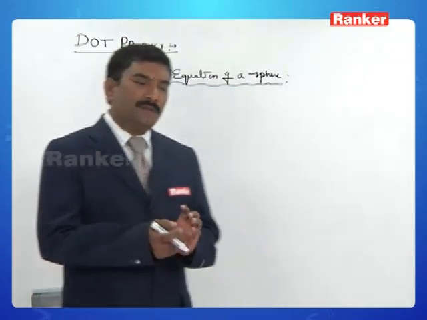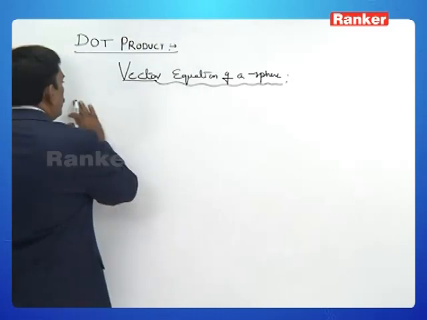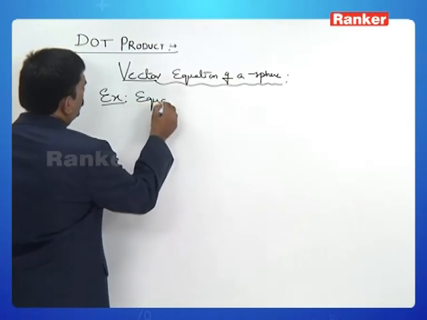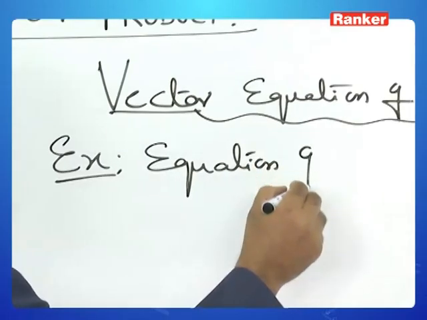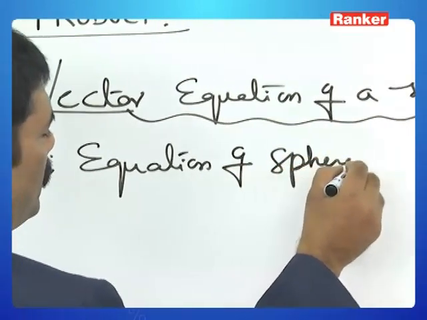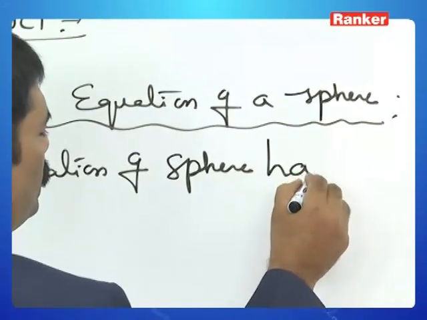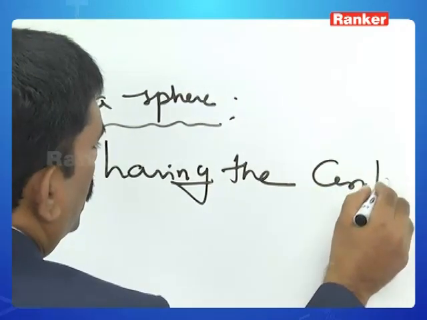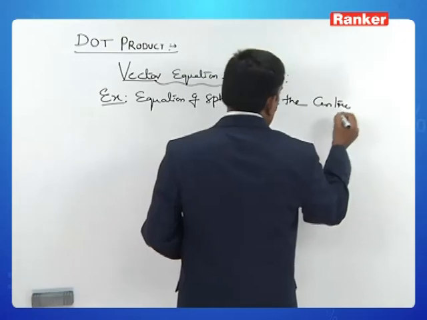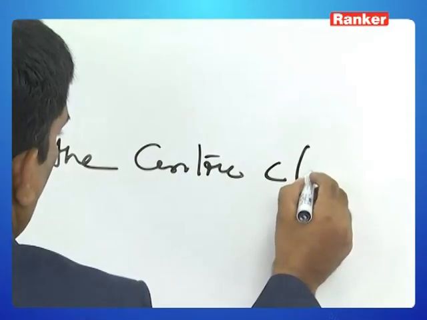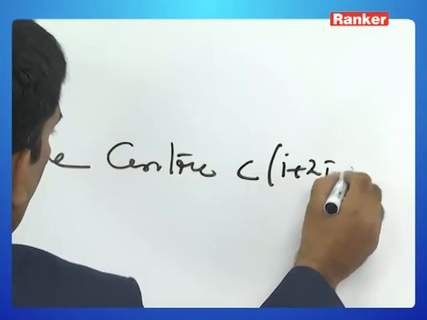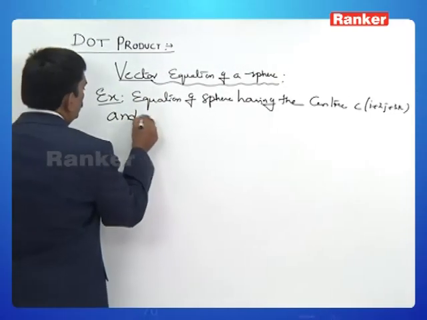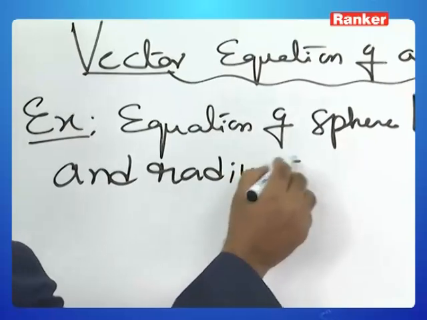Find the equation of a sphere having the center C of i plus 2j plus 3k and radius 5 units.